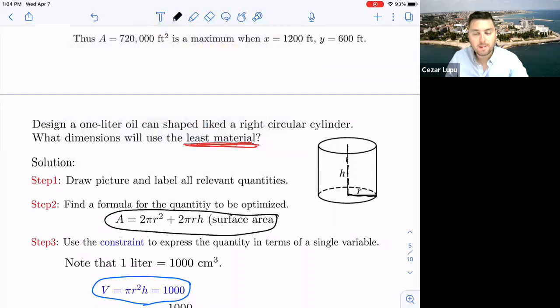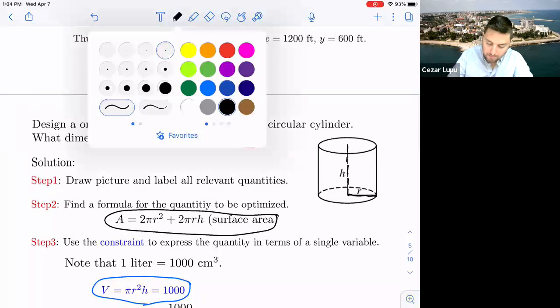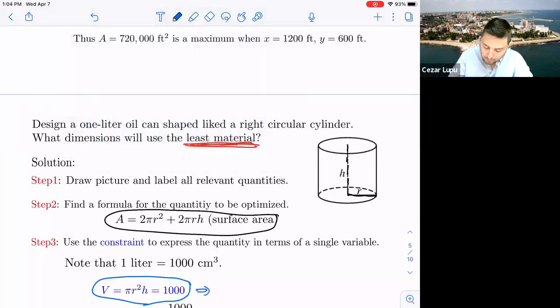So maybe we can replace some things. Maybe we can write h in terms of r, as you can see here. We can write h as 1,000 over pi r squared. And now we can plug it into the first one so that we don't need to deal with 2 variables, r and h, only one.